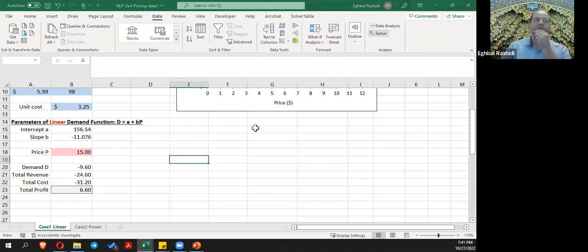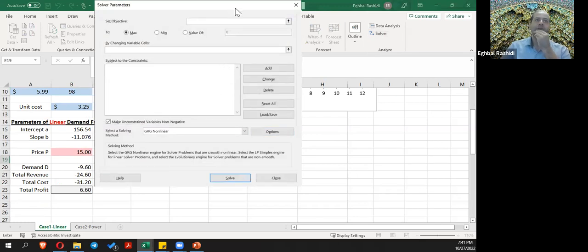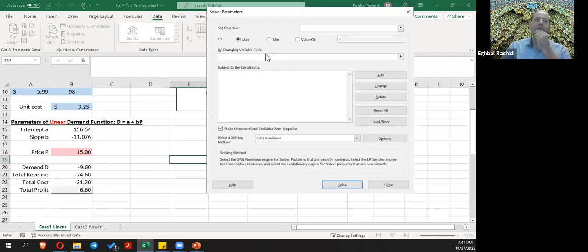Data, Solver, and we want to maximize the profit by changing the price, which is a linear function. We really don't have any constraint here.